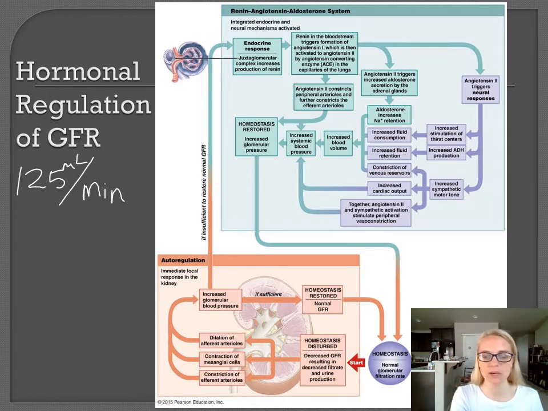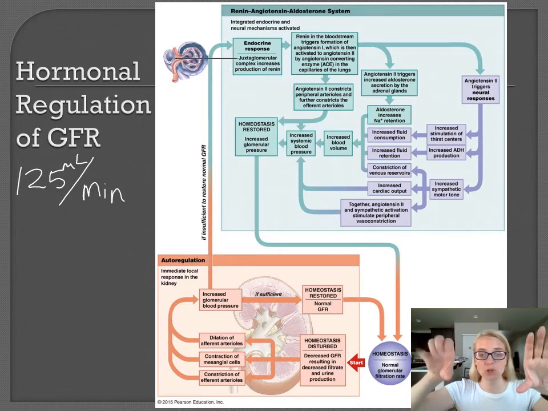So in autoregulation, let's say we're at homeostasis in that little purple circle, normal glomerular filtration rate. And for whatever reason, blood pressure drops and the GFR goes down. So let's see if we can fix the problem just locally. If you remember, the glomerulus is fed by an arteriole and drained by an arteriole. That's a unique physical situation.